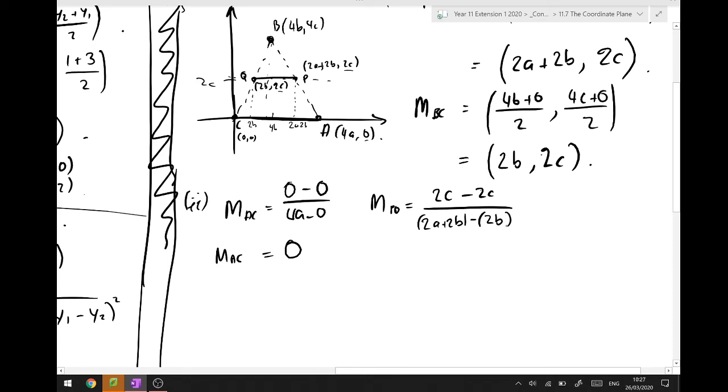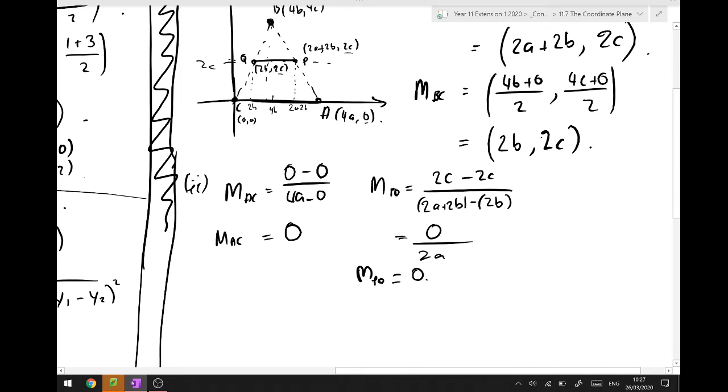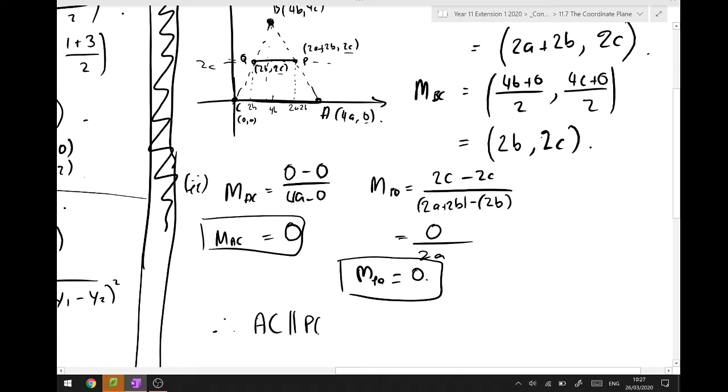It doesn't matter what's on the bottom because 2C minus 2C is 0 on the top. It actually leaves me a 2A on the bottom, but that leaves me with 0. So the gradient of PQ is equal to 0. The gradient of AC is equal to 0. Therefore, AC is parallel to PQ.